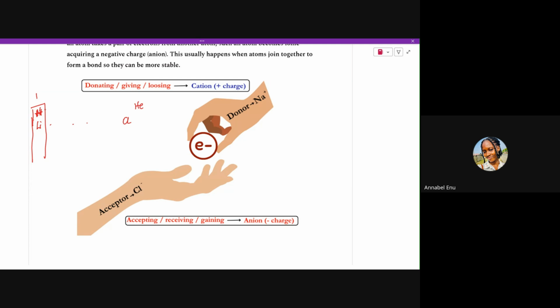Aside from hydrogen and lithium, what other element is in group 1 of the periodic table?